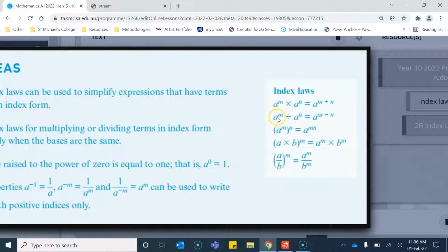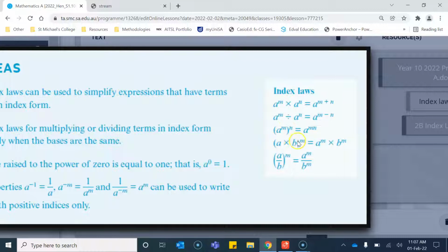If I have the same base and there's a division, then I'm subtracting the indices. Another way this could be written, rather than using a division sign, is with a fraction symbol. If I have a to the power of m all raised to the power of n, then we multiply the indices.